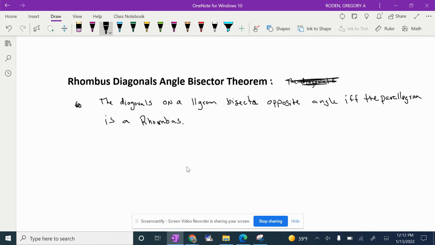Okay, so let me say that again. Sorry, it took me a little. So the diagonals of a parallelogram bisect each other if and only if the opposite angles bisect.